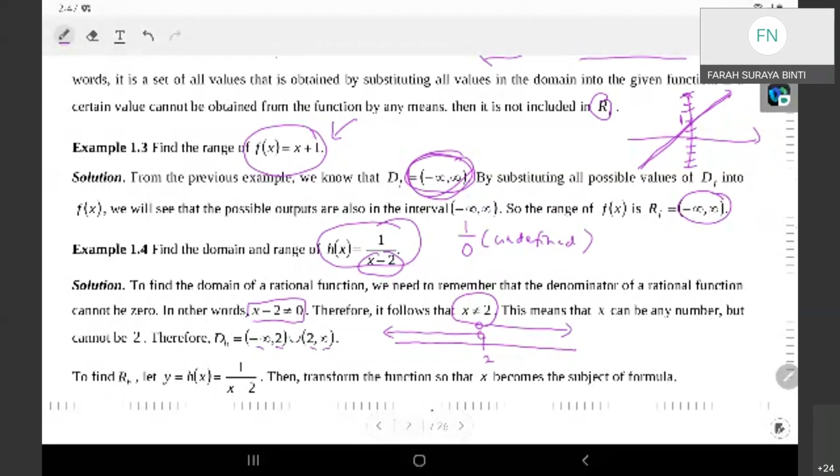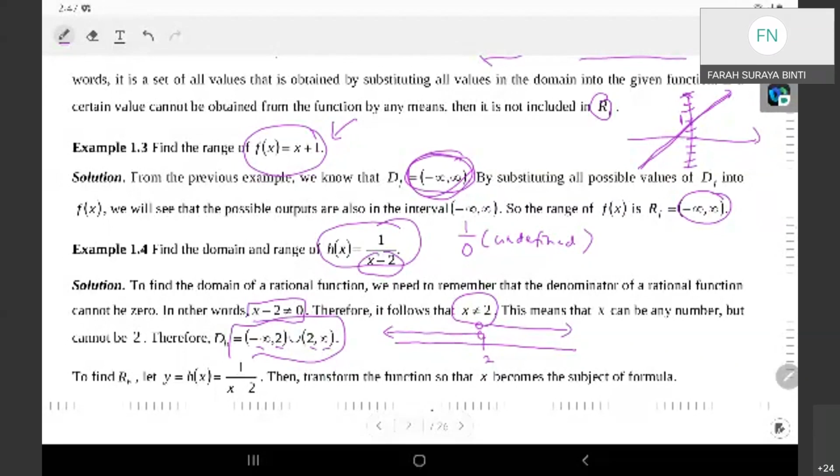Okay, so the number 2 is not the domain for this function. So domain dia, kita cara tulis macam ni lah. Okay, in the interval. Cara nak tulis interval dia macam tu. And then bila dah dapat domain, nak cari range dia pula.